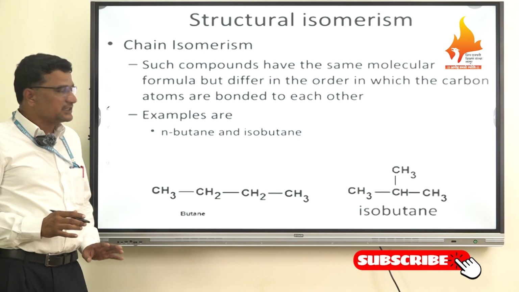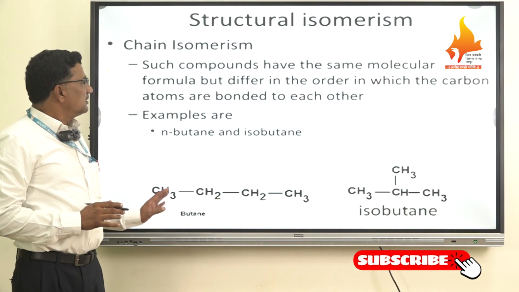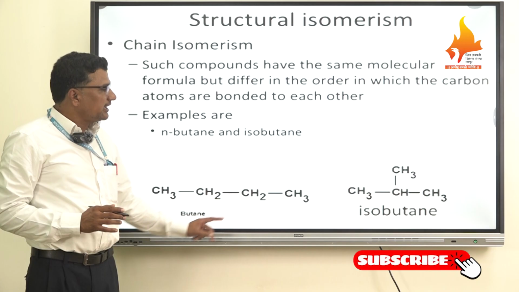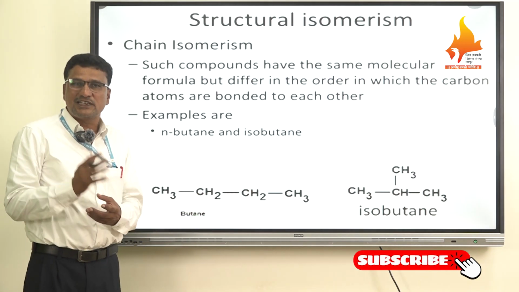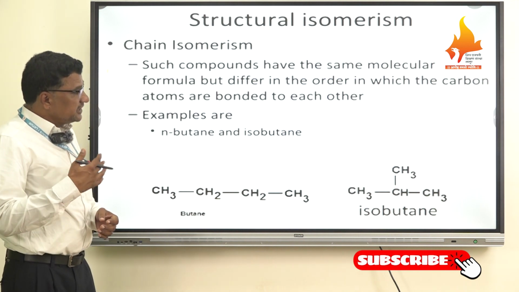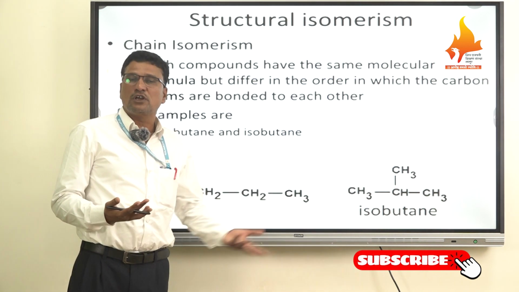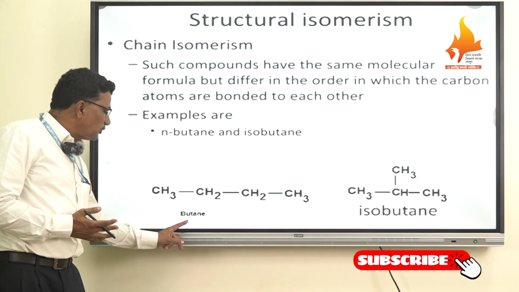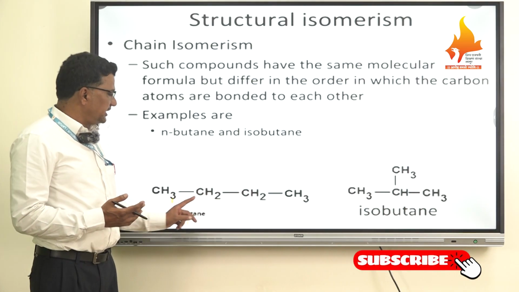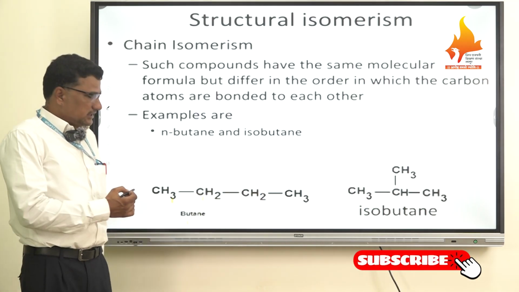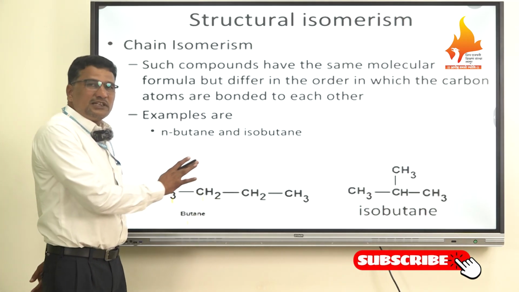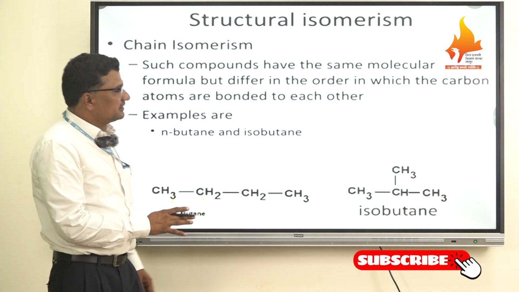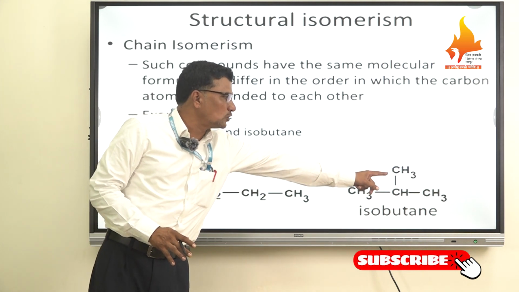The first example on your screen regarding chain isomerism: I have put up two organic compounds, butane and isobutane. Butane has four carbons, and its isomer also has four carbons. The difference is that n-butane has a normal chain, CH3, CH2, CH2, CH3, meaning these carbons are present in a straight chain. The other molecule has the same number of carbons, but here there is branching: on the second carbon, one methyl group is there.